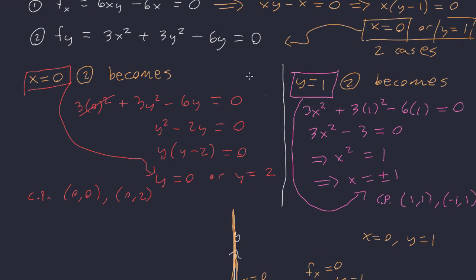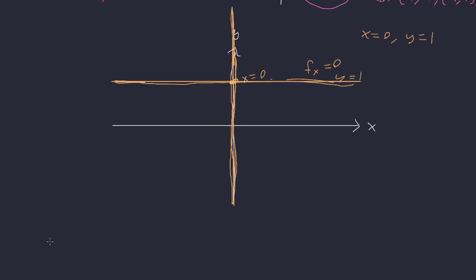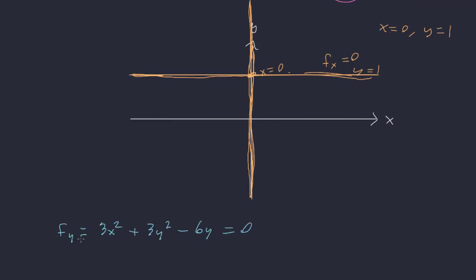If we instead had solved f sub y equals 0, that's a tougher one to solve. So f sub y, rewritten here, if I go ahead and divide by 3, just to simplify it, this is almost like a circle. In fact, here I have y squared minus 2y.